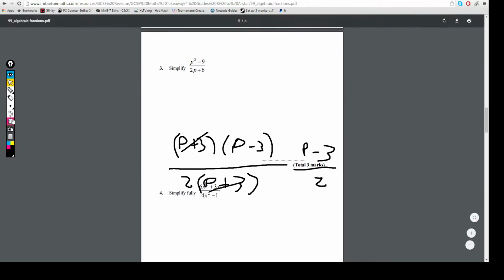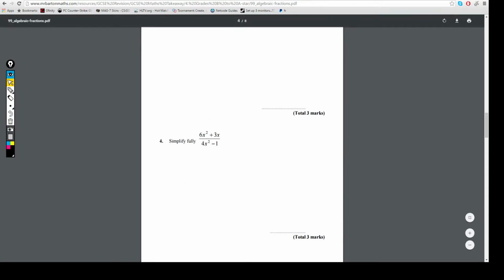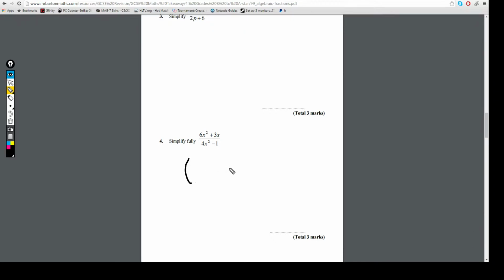Okay, we'll go down and do some more. Now this one's not that hard really. I think this one's doable, so I'll do this one for you guys.